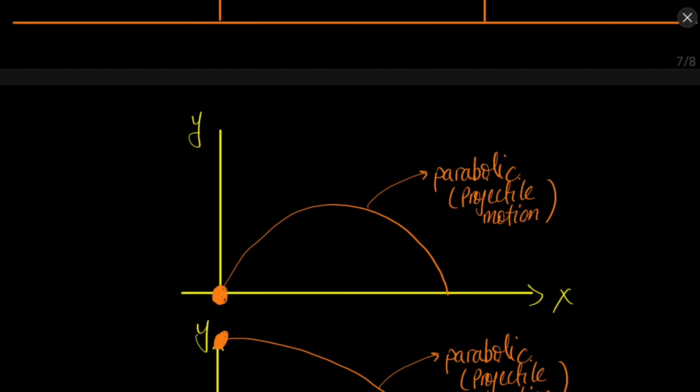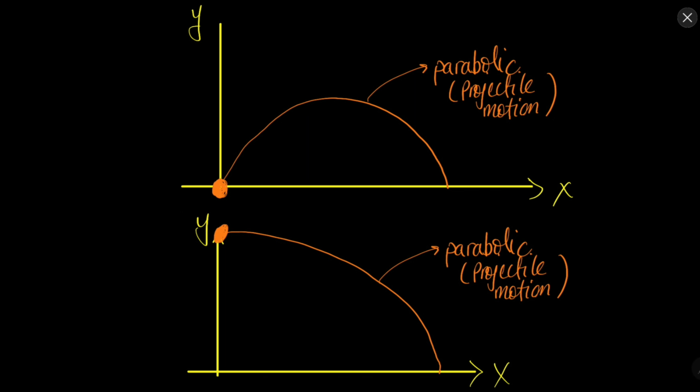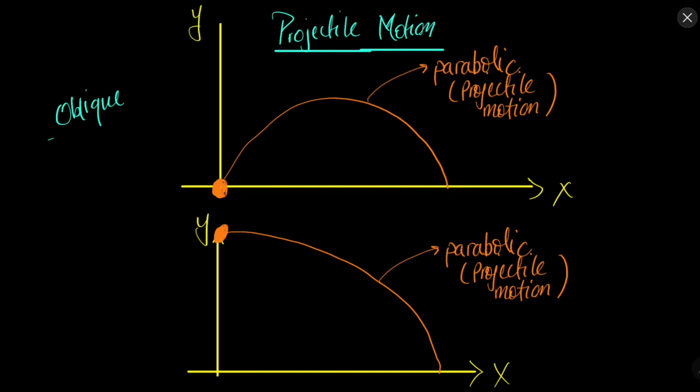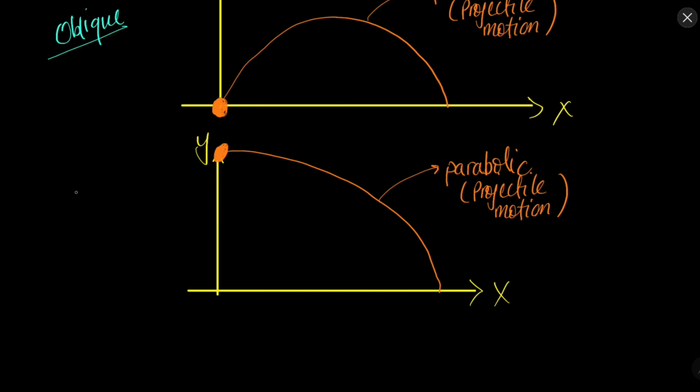It is one of the most important topics that you will study. So this first one is called the oblique projectile motion, and the second one is called the horizontal projectile motion, because in this case we are throwing the ball like this, and in this case like this.